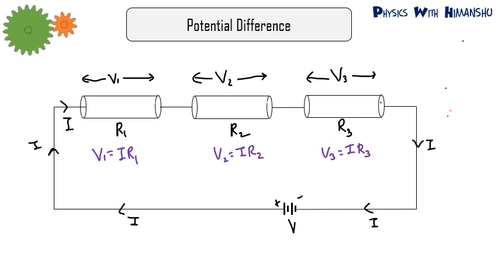Suppose from the positive terminal current I is coming outside and flowing in the loop.